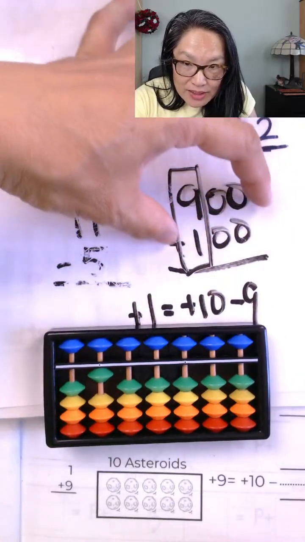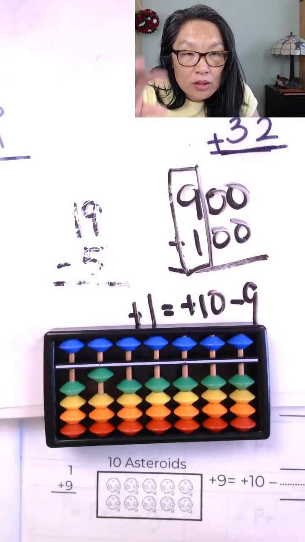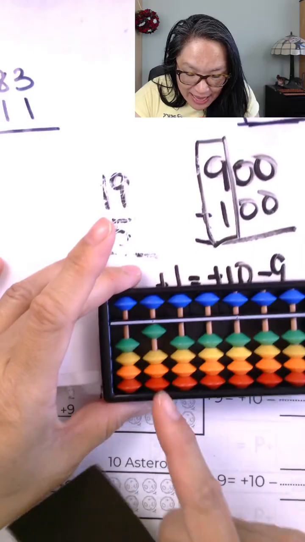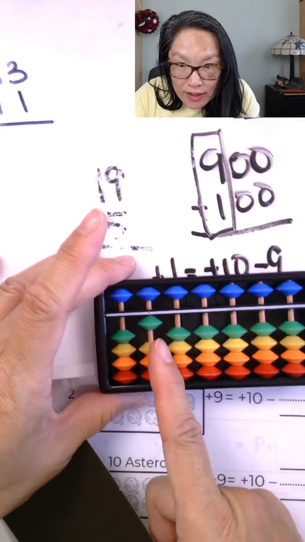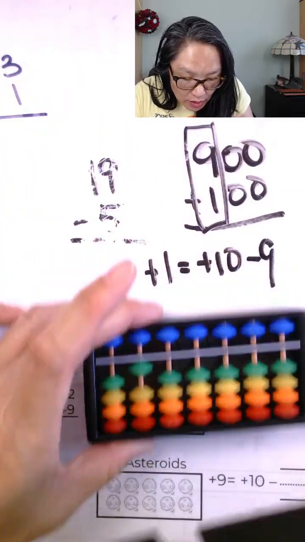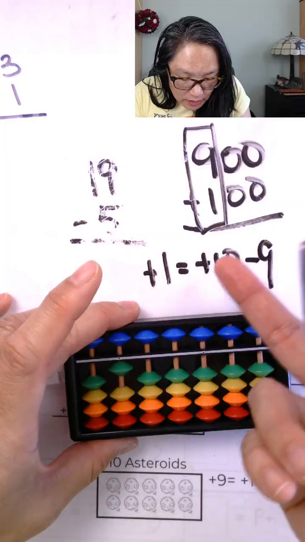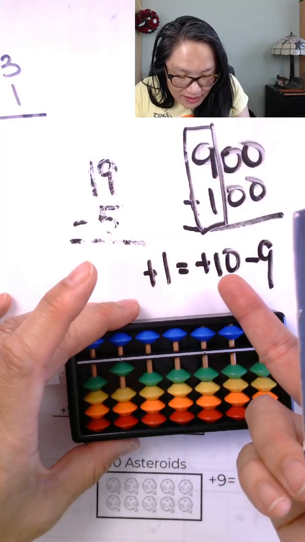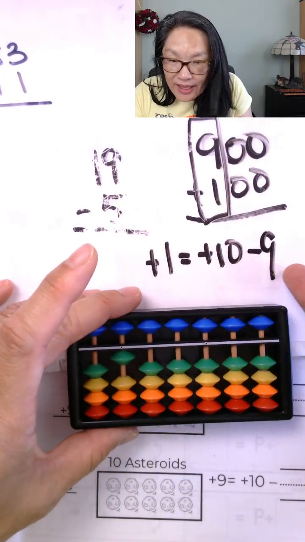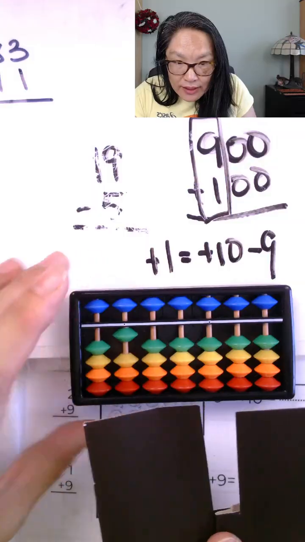This is what happens in new math because they use paper, whereas the abacus tracks your number. So you don't need to do 100 minus 1,000 minus 900. You don't need to do that, right?